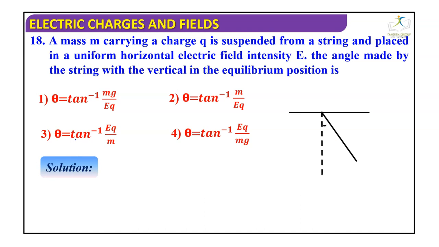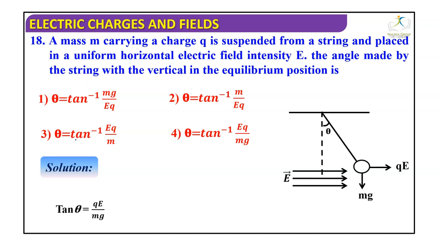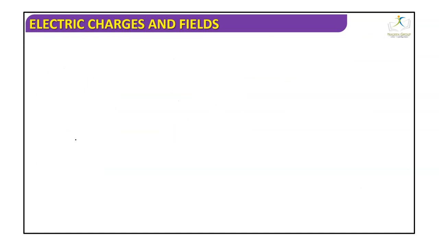So we have a particular bob which is suspended by a string with the help of a knot. It makes an angle theta with the normal, and the charge q is here. Because of the electric field, it will experience a force F equal to qE. So if the electric field is applied on this body, tan theta will be qE by mg. If we calculate the value of theta, it will be tan inverse of qE divided by mg.